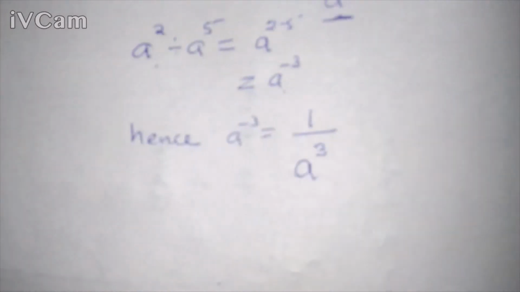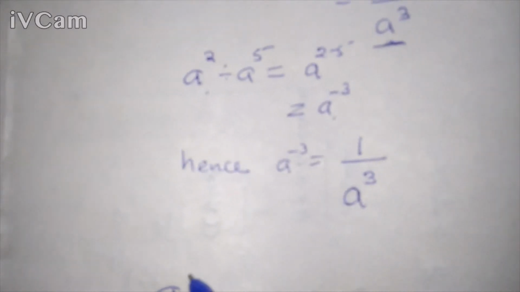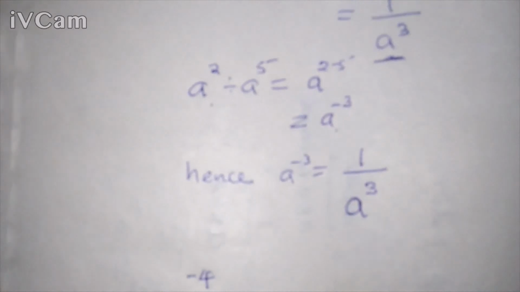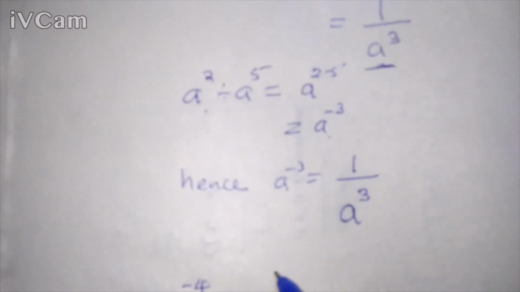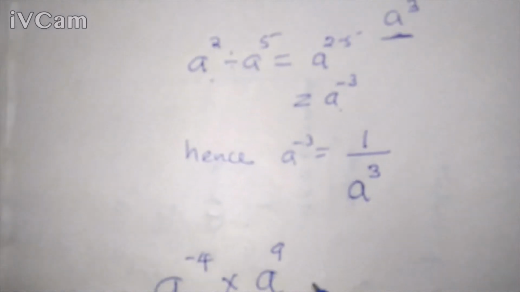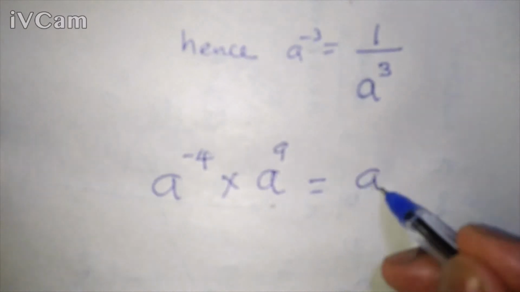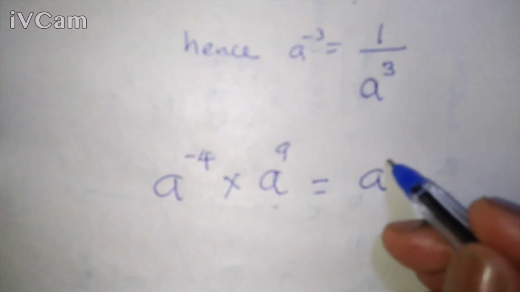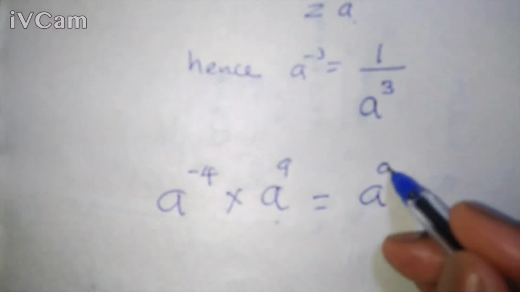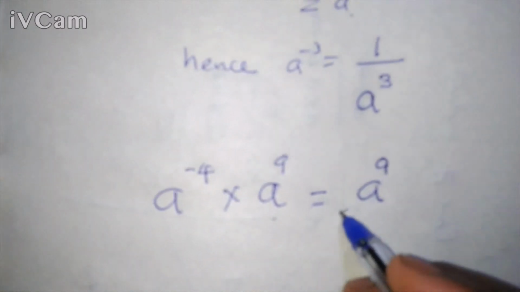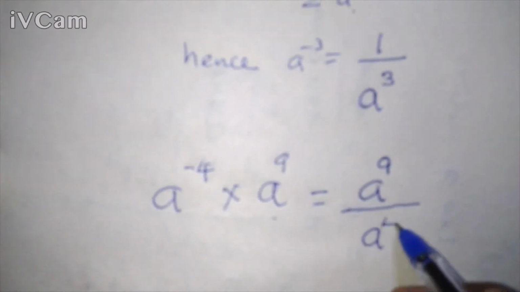Let's take an example in operation. a^(negative 4), if we multiply by a^(negative 9), we can work it out by taking a^(negative 4); a^9 remains as the numerator, but this one goes down so that we have a^4.